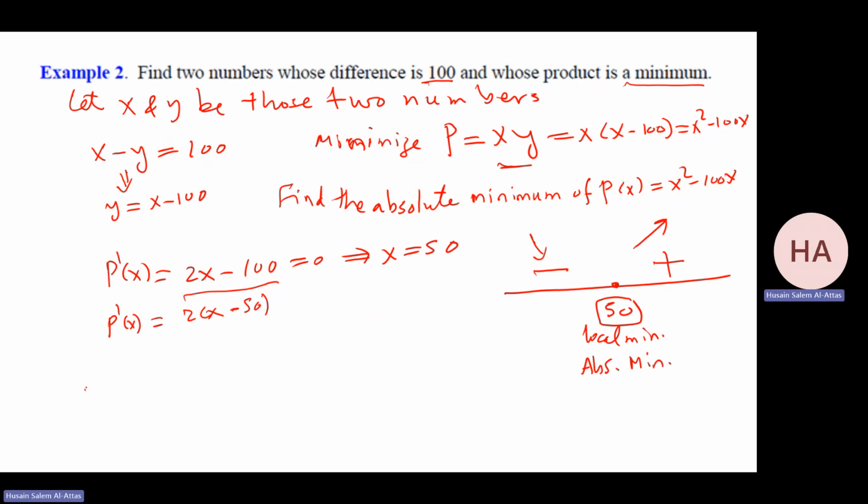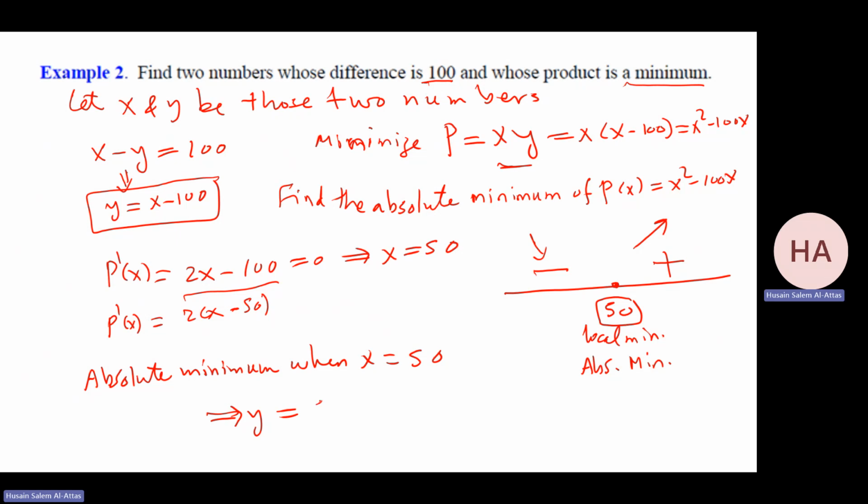So I have an absolute minimum when x equals 50. If x equals 50, what will be y? We'll use this: Y will be 50 minus 100, which is minus 50. So what are the two numbers? 50 and minus 50.